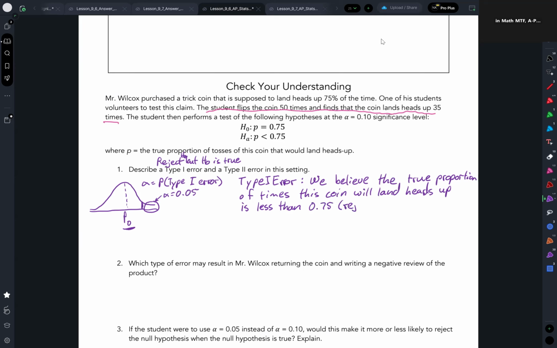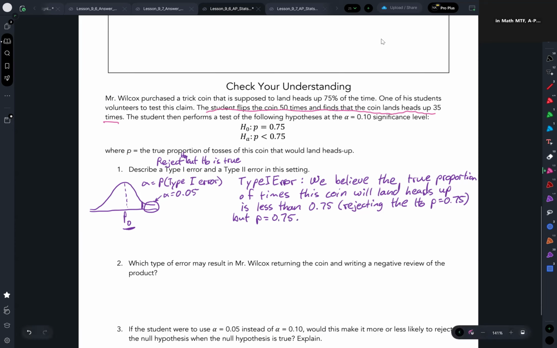We are rejecting the null hypothesis that P equals 0.75, but P actually does equal 0.75. That's my type 1 error.